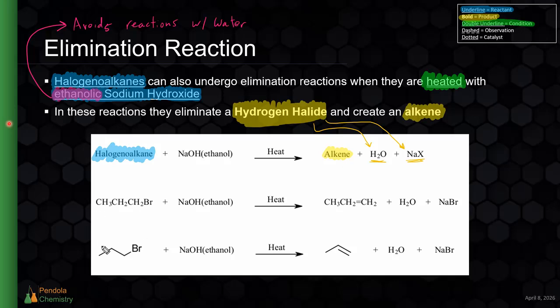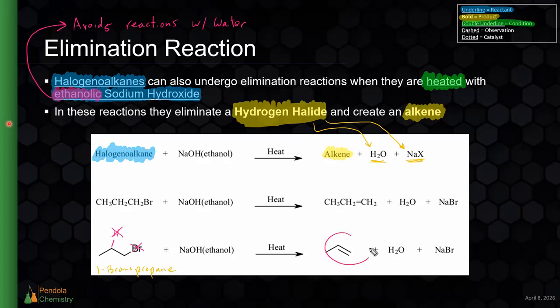So, for example, if we had something like this, which is 1-bromopropane, 1-bromopropane would react with the ethanolic sodium hydroxide and heat to essentially eliminate that halide, or that bromine in this particular case, and to eliminate a hydrogen that is on the other carbon next door.